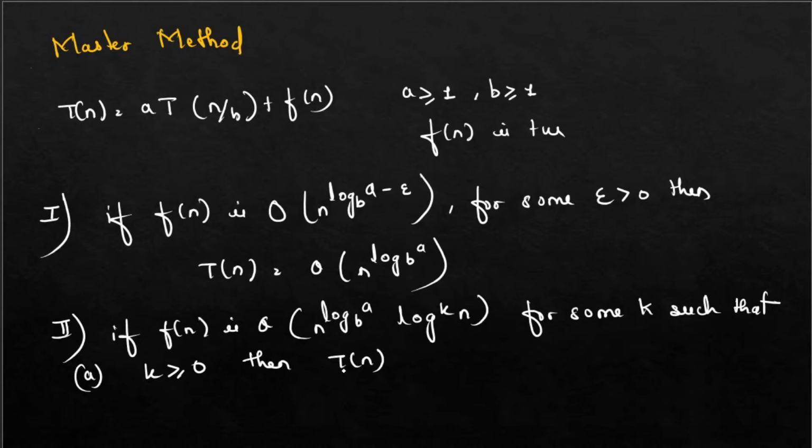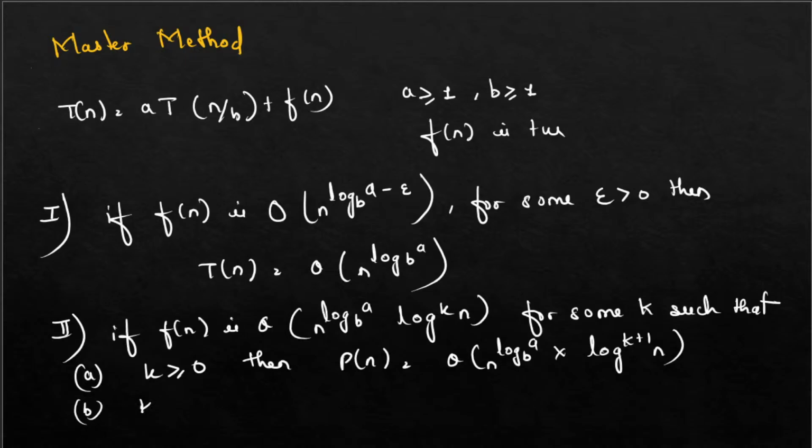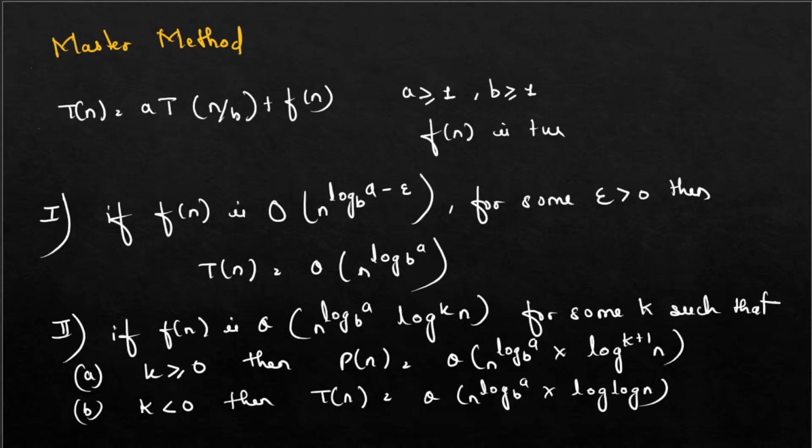T(n) equals theta of n^(log_b a) into log^(k+1) n. And if k is smaller than 0, then let's use T(n) equals theta of n^(log_b a) into log log n. It will be like this.